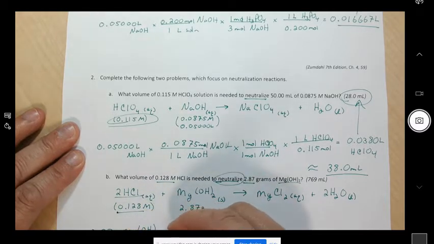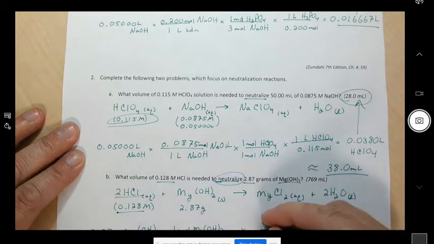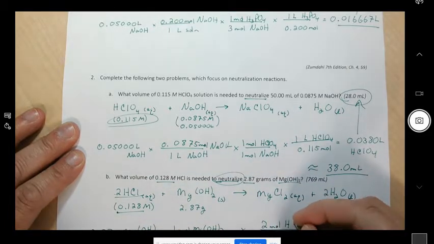And the molar mass from the periodic table is going to be 58.32 grams. The mole ratio here is 2 to 1, so 2 moles of HCl for every 1 mole of magnesium hydroxide.